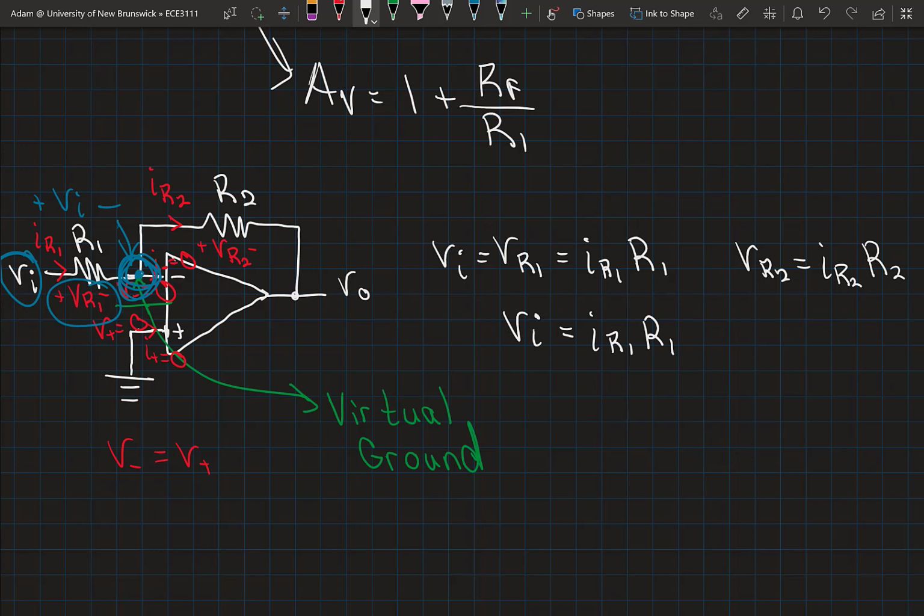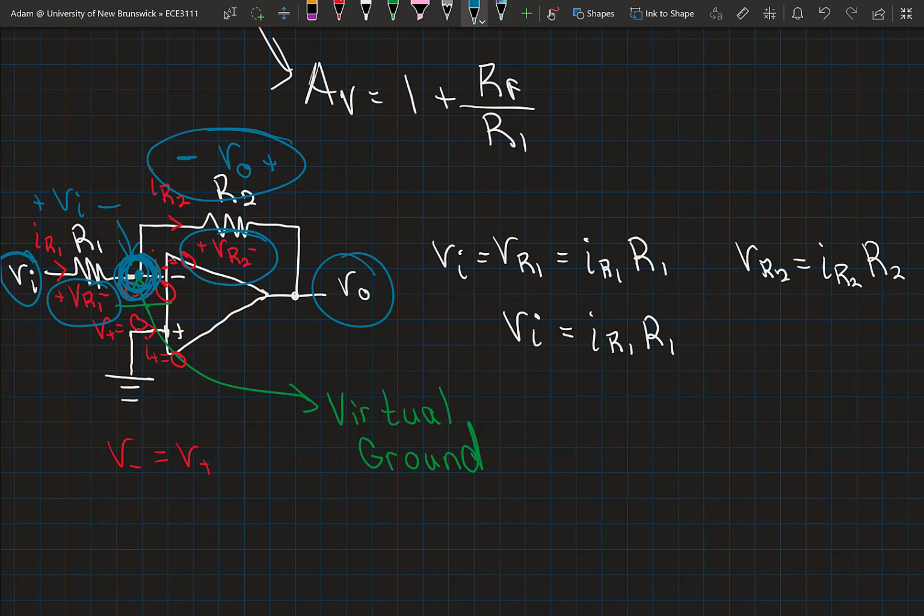We can make a similar argument on the output. If I look at this voltage V out here, that voltage is a voltage with respect to ground. And I have my virtual ground over at the inverting terminal, so V out is really this voltage at the output with respect to the virtual ground, or the inverting input terminal. That is equal to the negative of VR2.